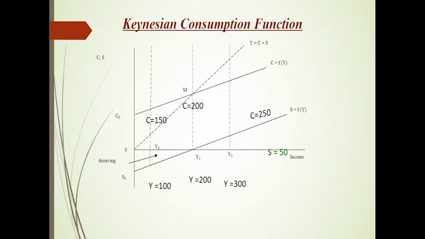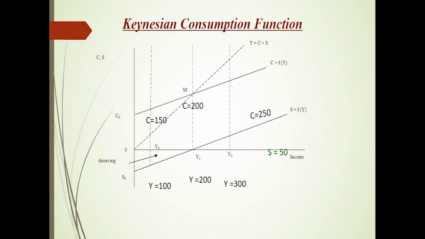In the diagram, on the y axis we have taken consumption and savings, and on the x axis we have taken income. From 0 to C0, we observe that the consumption curve is above the income line, because when income is 0, still the consumption is positive. That is the reason why it is above.